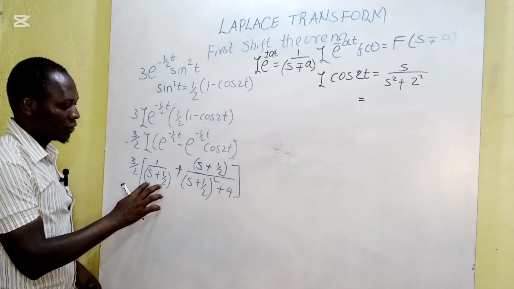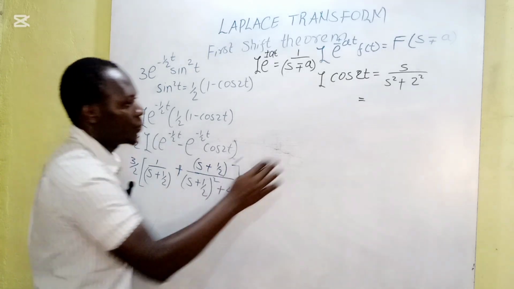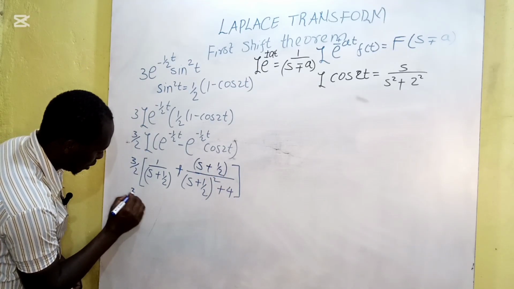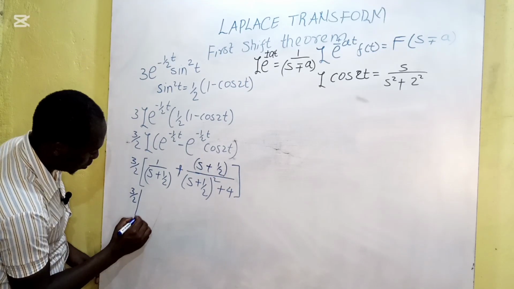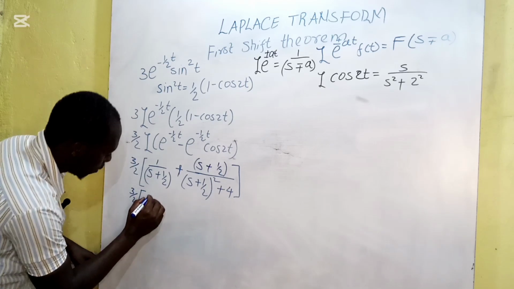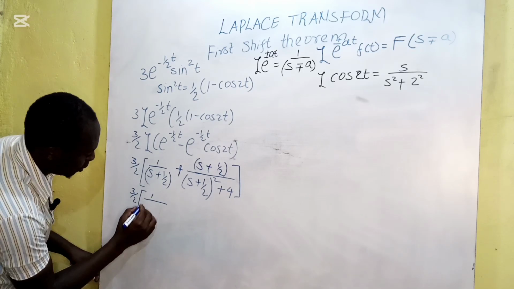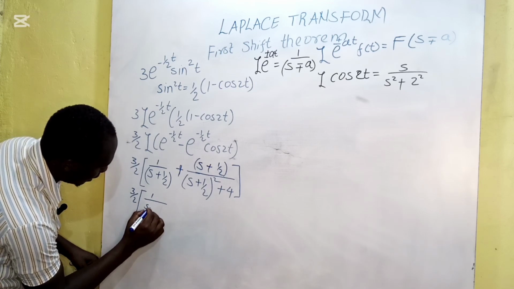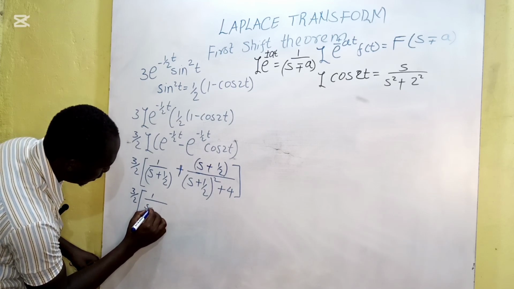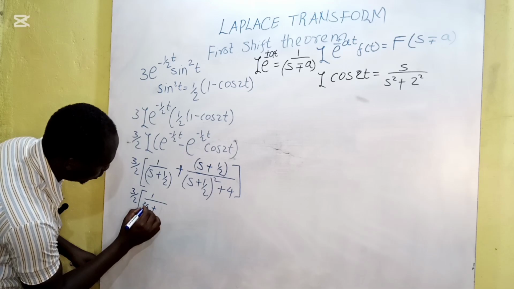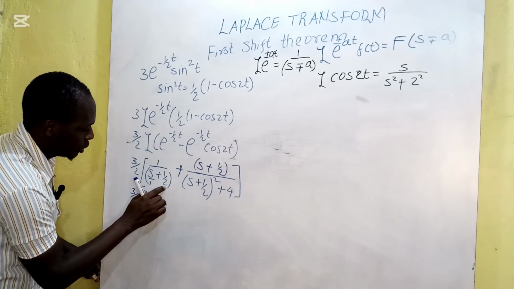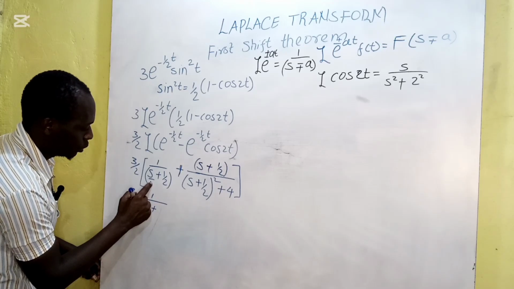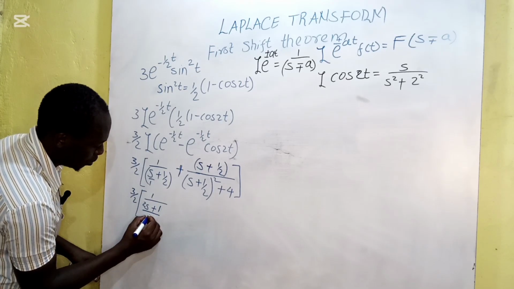By rewriting this fraction into its improper form, now we are going to have 3 all over 2, we multiply by 1 all over, here we are going to have s, we take 2, we multiply by this one, we are going to have 2s, we add 1, everything will be all over 2.